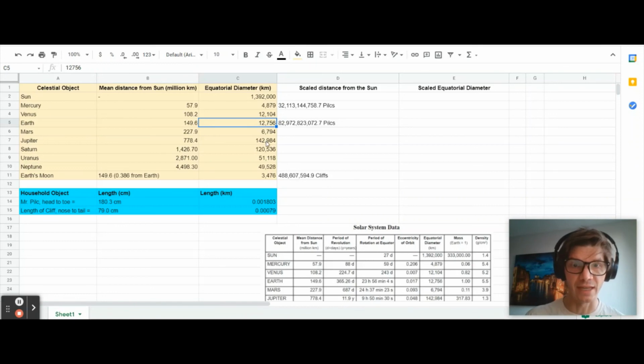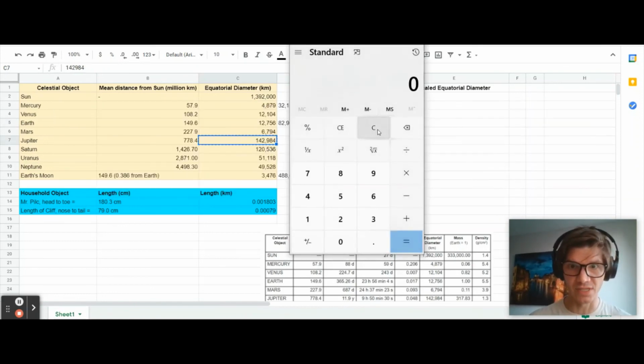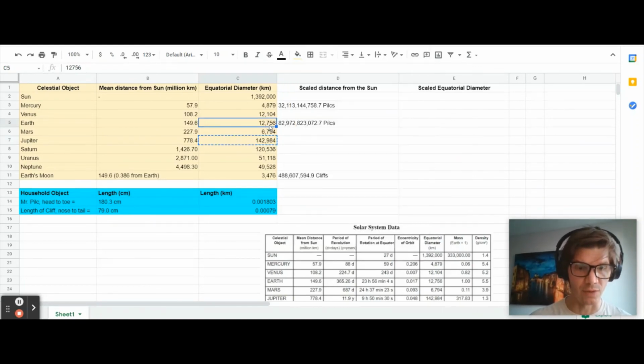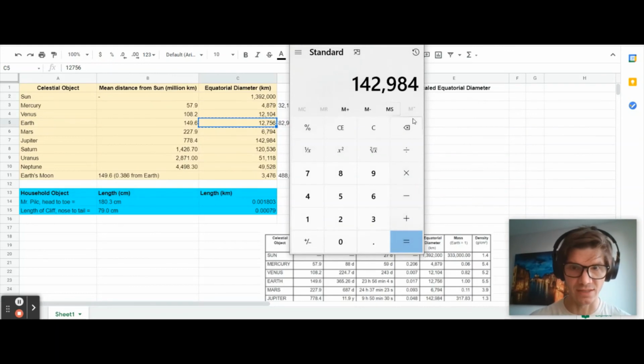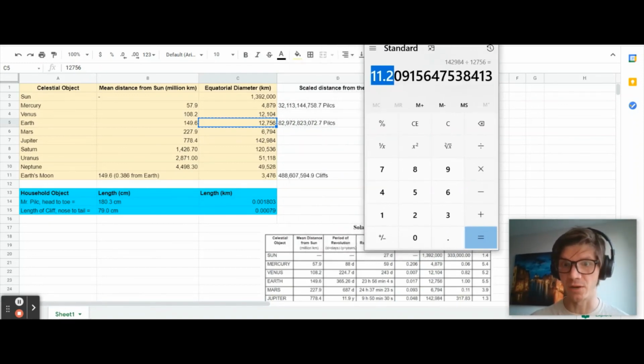So if I were to take Jupiter, and it would be the largest equatorial diameter in our solar system, I would take its value, I would divide it by the diameter of the Earth, and that would be my comparison. So when looking at the planets from left to right, Jupiter would be just over 11 times wider than the Earth. So much, much bigger.